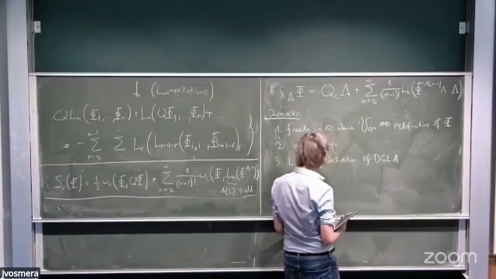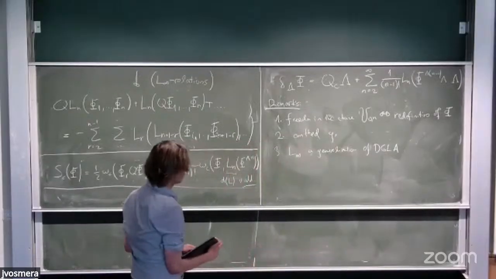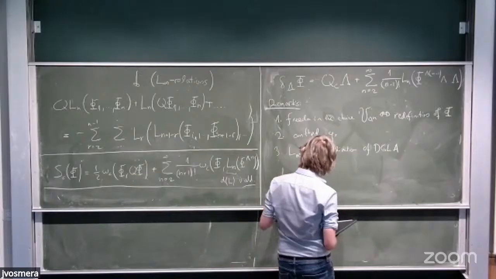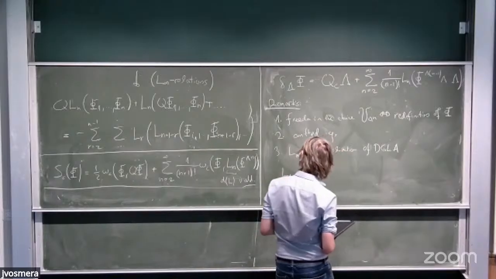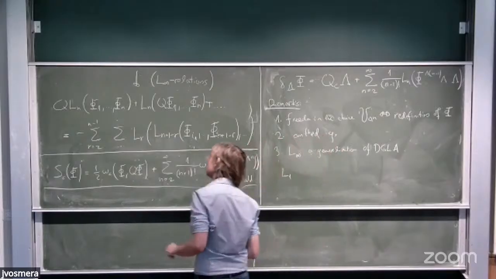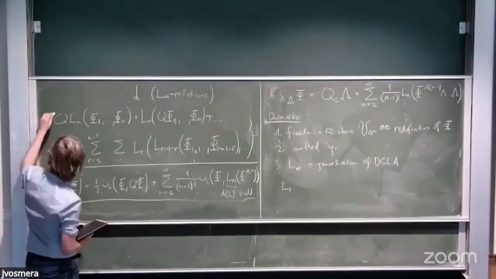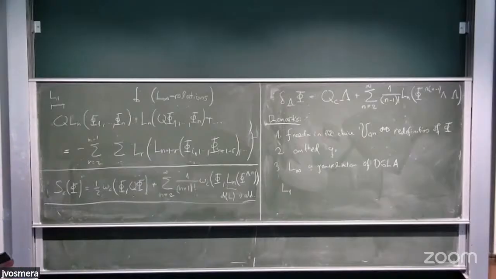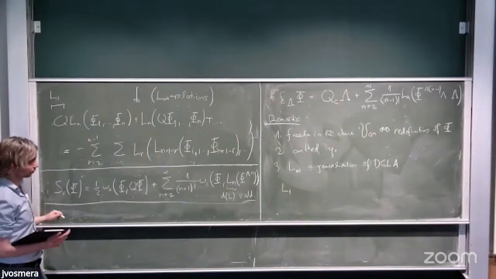So back to what I was talking about. In particular, you can make the following choice of these products. L1 is just a BRST charge Q. It is a one-product. It is an operator on the Hilbert space taking one state and giving another state.